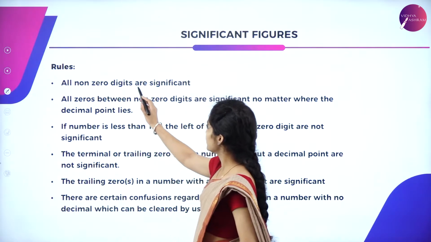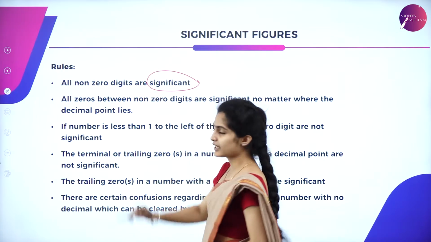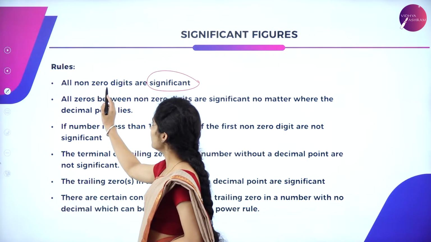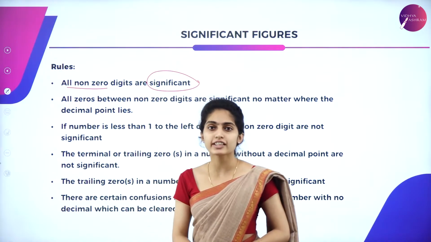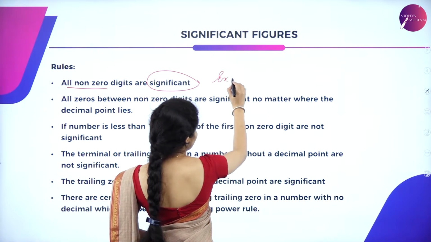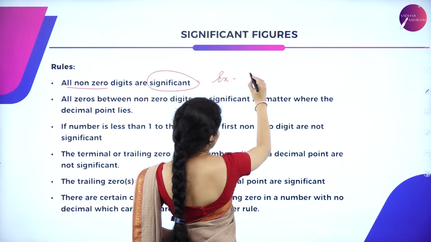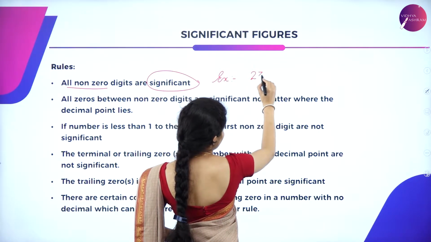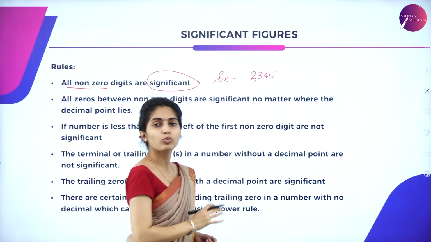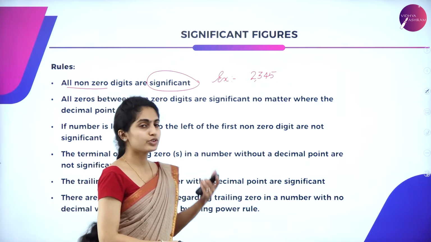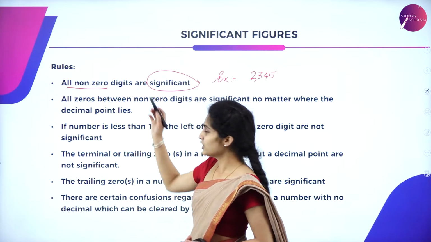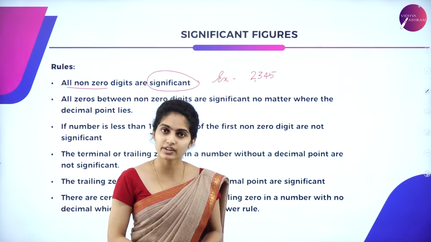All non-zero digits are significant. All non-zero digits, the numbers which are not zero. For example, you can just take 2345. This is just a number I'm taking. So all non-zero digits are significant.